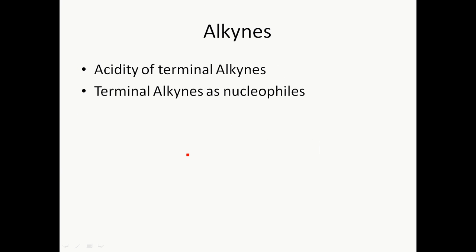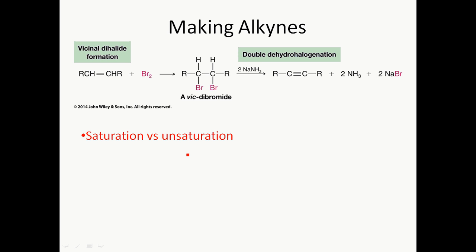So then we get into alkynes, and we start talking about the acidity of terminal alkynes, because we could use them as acids, and we can see that those hydrogens can be pulled off. And then we talk about terminal alkynes as nucleophiles, and this is another lead into the next type of section, which is synthesis. So understand how you can use terminal alkynes to synthesize other molecules.